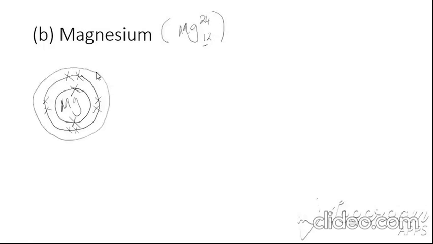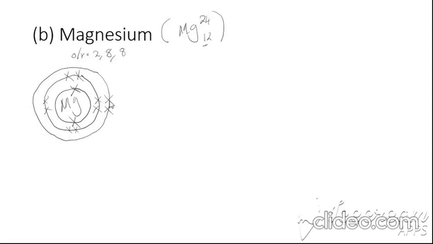So in the third shell, we remain with how many electrons? 2. You can place them anywhere if you want, here, anywhere. So 2 electrons. Now according to octet rule, first shell 2 electrons, second 8, third 8. Now in this third shell, are these electrons 8?